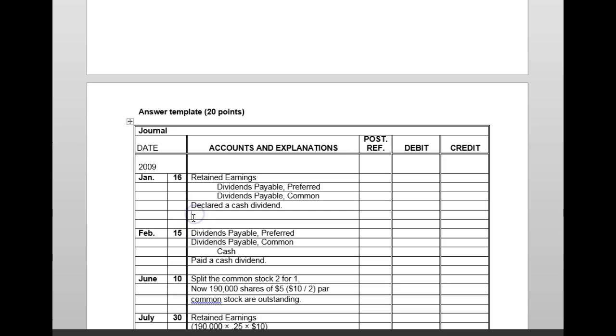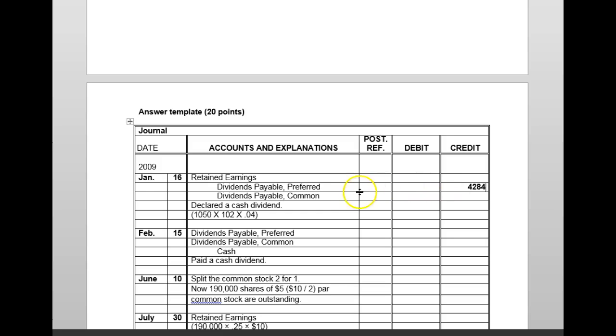Preferred stock is 1,050 times 102 times the 4%. And that's how much the dividend is. That'll become a payable, because it's not being paid, we're just declaring it right now. So that's your preferred stock.